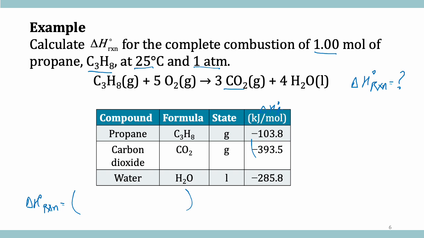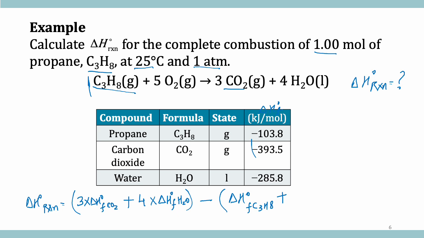I have 3 CO2, which means 3 times delta H naught F of CO2. My second product is water, which means 4 times delta H naught F of water, minus the reactants, this time C3H8. So delta H naught F of C3H8 times 1, because I only have 1 mole of this, plus 5 times delta H naught F of oxygen.